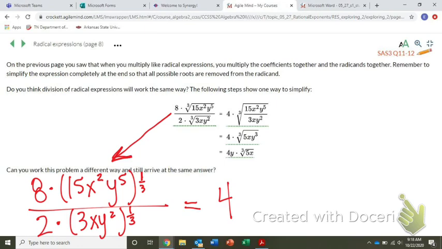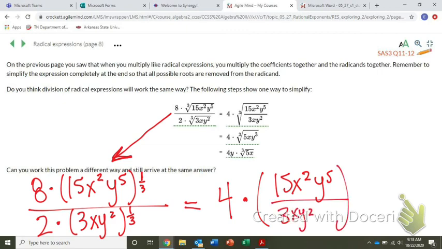All right, so now we can simplify even more. So I want to know first, let's go ahead and write this, 15x squared y to the 5th over 3xy squared, and all that's to the 1/3. All right, so let's simplify again. So we have 4 times parentheses.